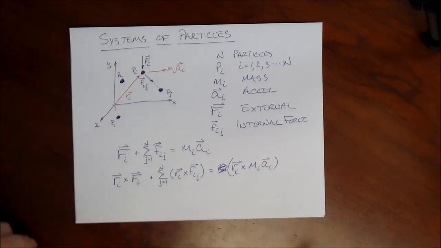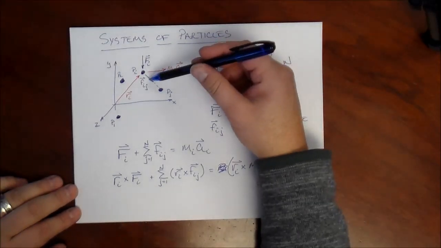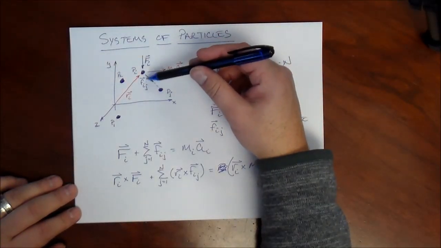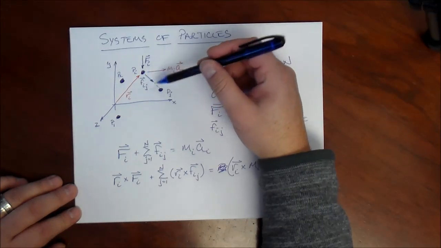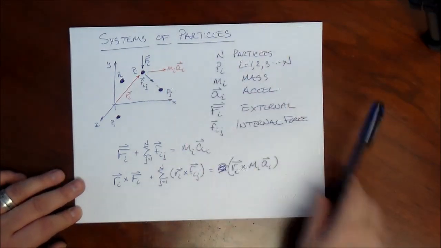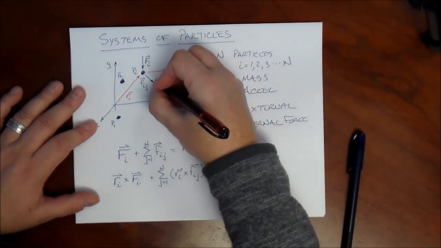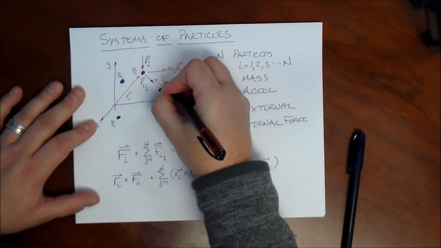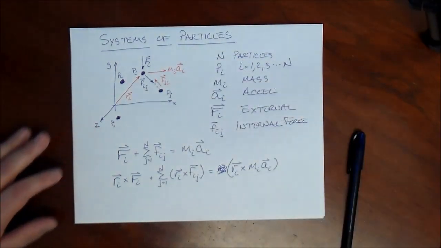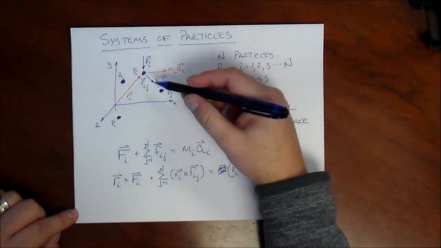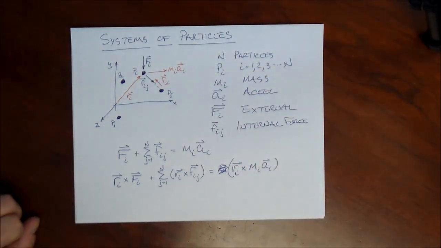Now, if we recognize the fact that for every internal force f sub ij, that is the force on i by j, there will be an equal and opposite internal force f sub ji. That's the force on the jth particle by the ith particle. Those will all be equal and opposite.